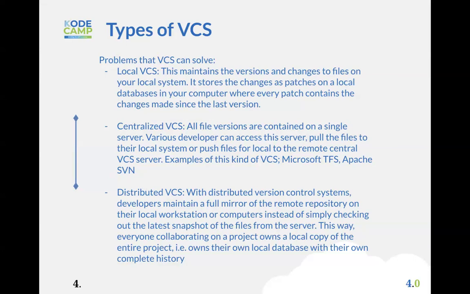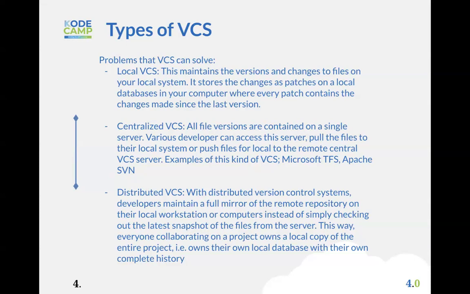And so this brought about the distributed version control system, where you have developers having a full, exact replication of the remote repository on their individual systems. So you have your remote version control server, and you also have a local version control server.